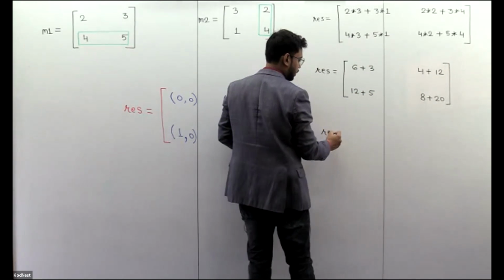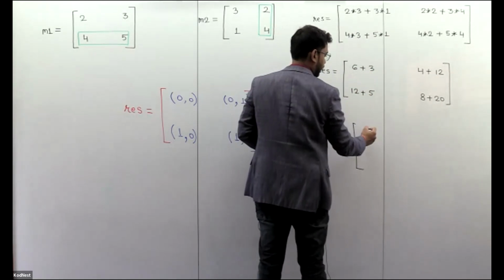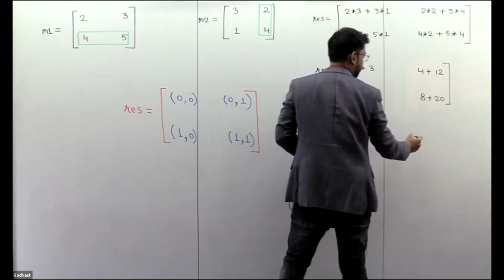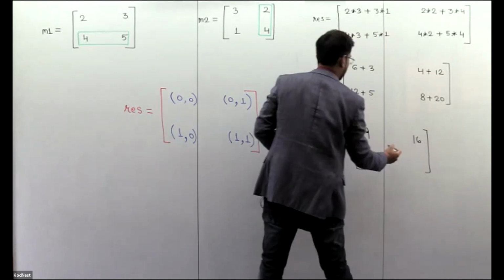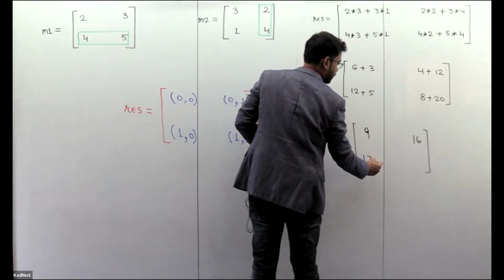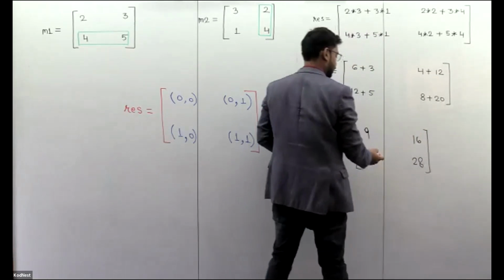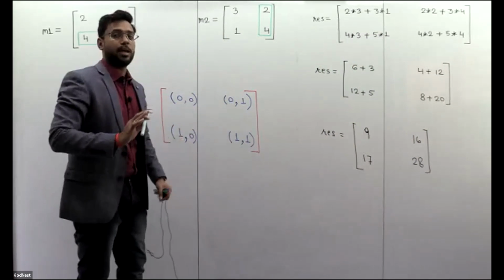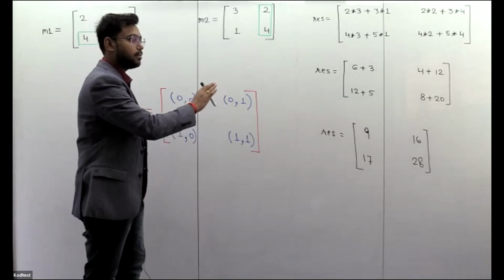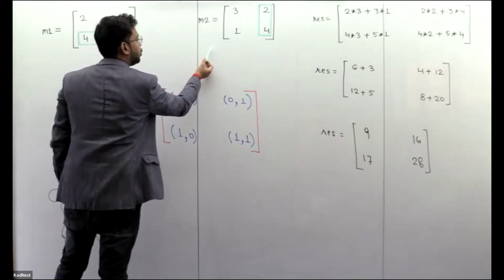I will tell result is equals to 6 plus 3 is 9, 12 plus 4 is 16, 12 plus 5 is 17, 20 plus 8 is 28. This what you are seeing, this is the multiplication matrix. That is the multiplication result of M1 and M2.